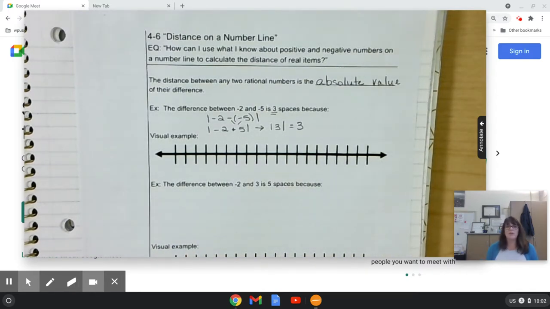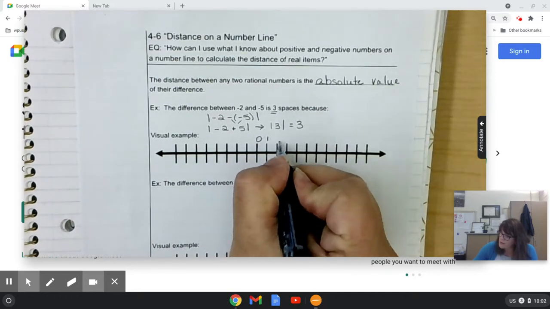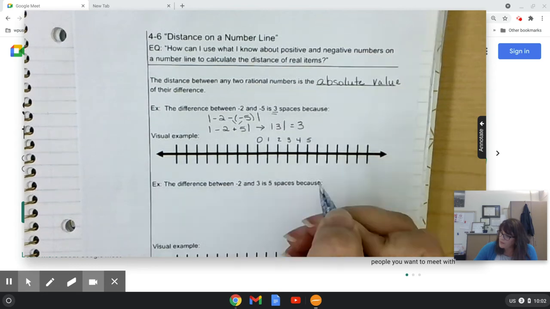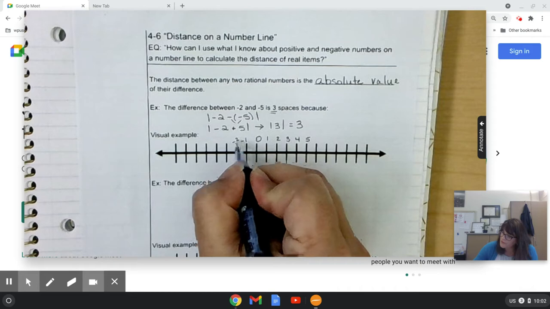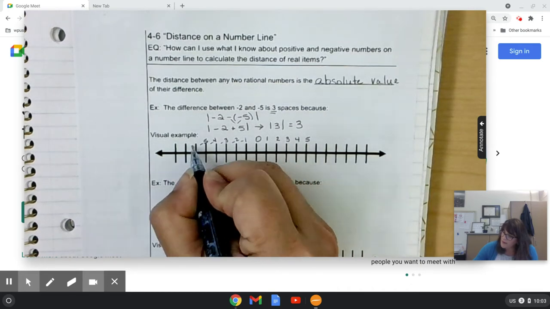Well, what about a number line? How can that help? Well, 0, 1, 2, 3, 4, 5. Okay? -1, -2, -3, -4, -5.